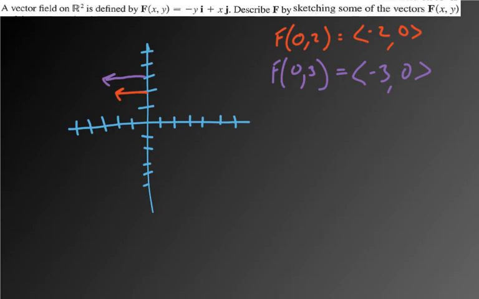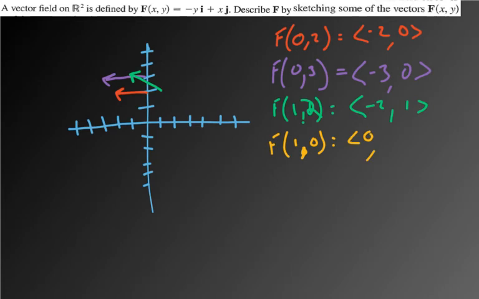Let's do one that's a little more interesting. Let's do f of 1, 2. So 1, 2 would be negative 2, 1. It's looking like negative 2, and then up 1, so it's kind of looking like that. Let's do one on the x-axis, 1, comma 0.